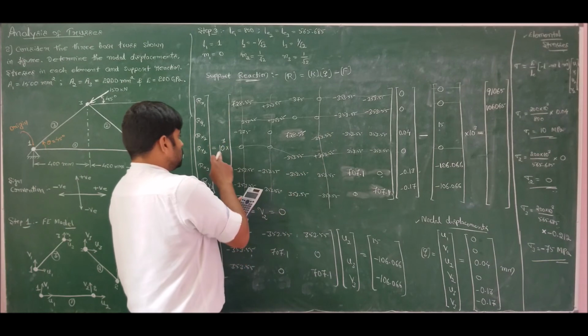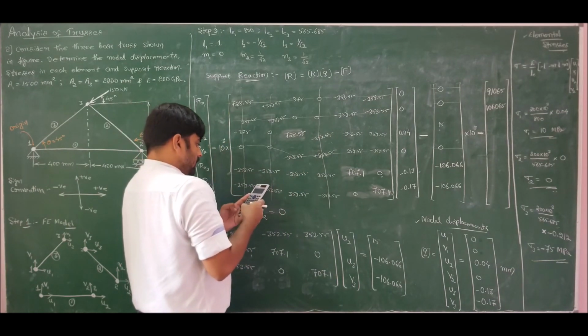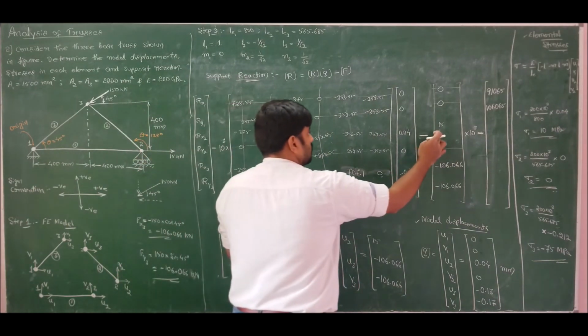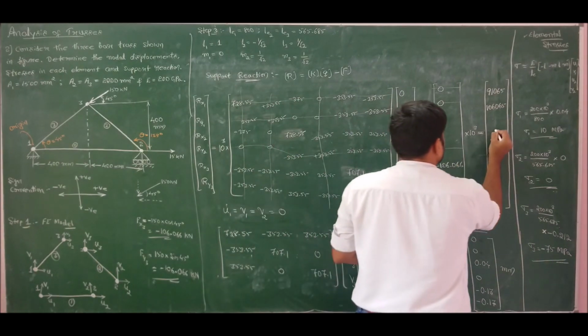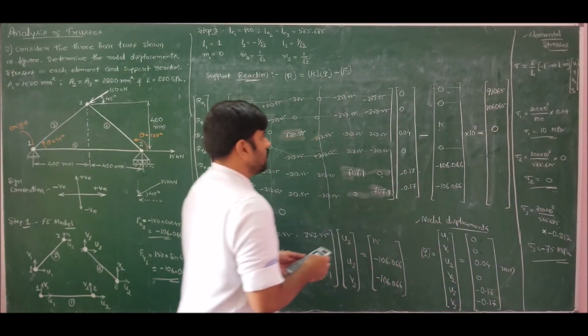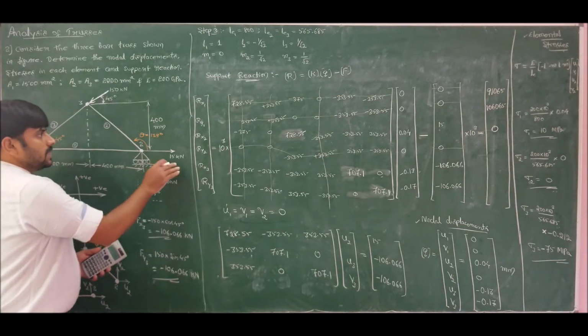This whole multiplication should be multiplied by 10 to the power of 3 minus 15 to the power 3, which is nothing but exactly 0. Because we have roller support, there is no reaction.